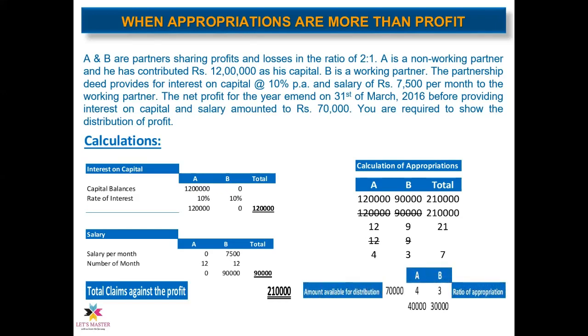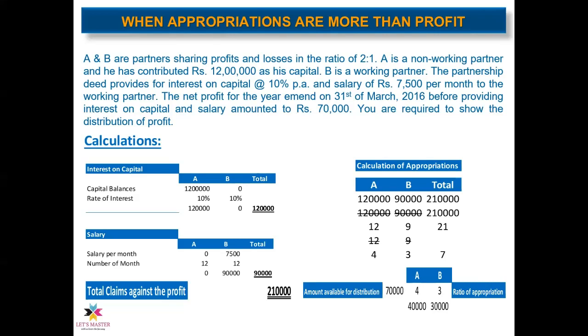So now the amount available for distribution is 70,000 and we will distribute this amount between A and B in the ratio of appropriation. The ratio of appropriation means the ratio of the amounts that are payable to each partner. So this 70,000 is distributed between A and B in the ratio of 4:3. So A will get 40,000 rupees and B will get 30,000 rupees.